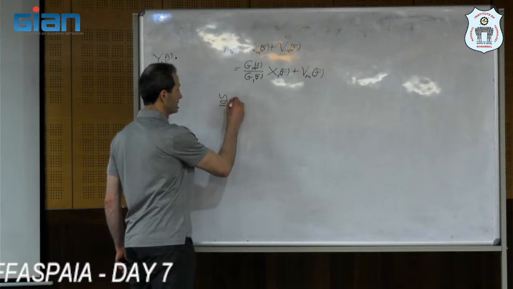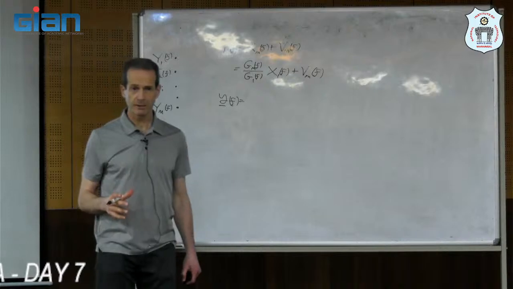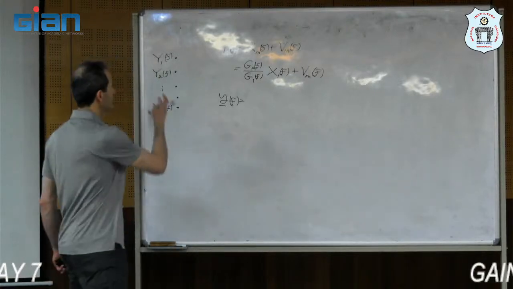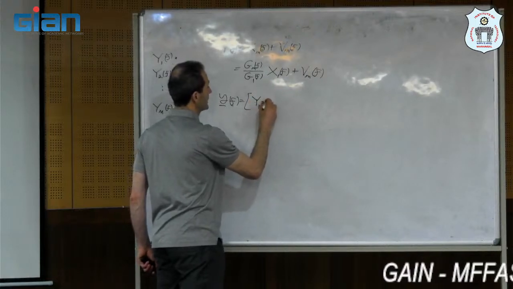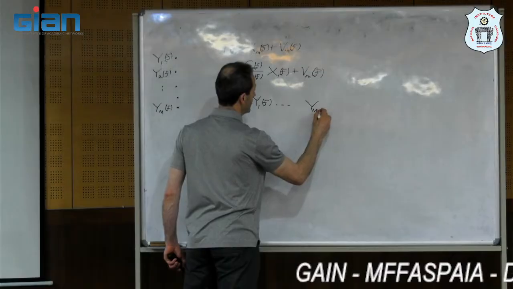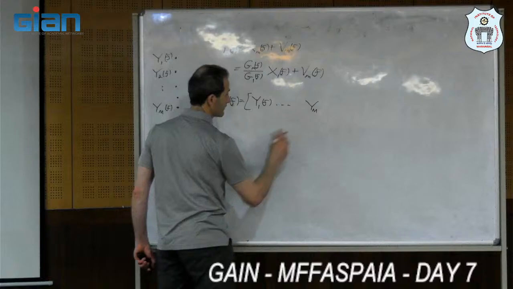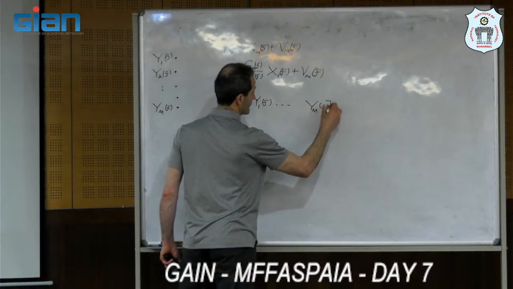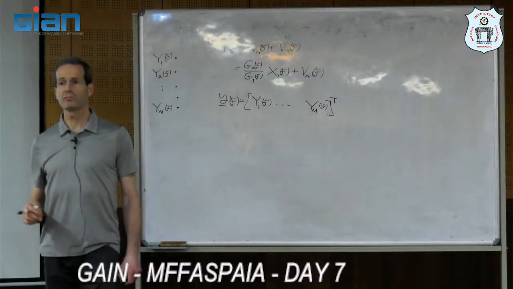And then we saw that we can define a vector. So this vector contains the measurements from all the sensors. So we have Y1F up to YMF, transpose.